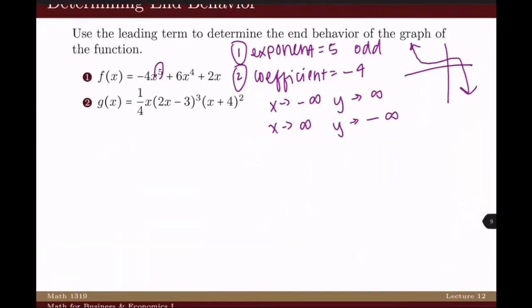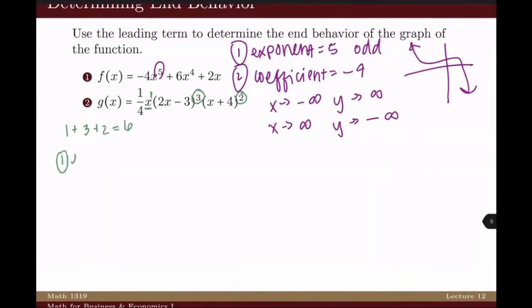Okay, let's do number 2, because number 2 is going to be a little more complicated. So for number 2, I'm actually going to sum up all of the exponents. You can't forget about this little guy up here. You can think of him as x to the 1. And then here's a 3, and then here's a 2. So that means I have 1 plus 3 plus 2, which is going to equal 6.